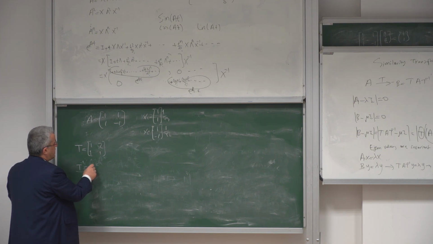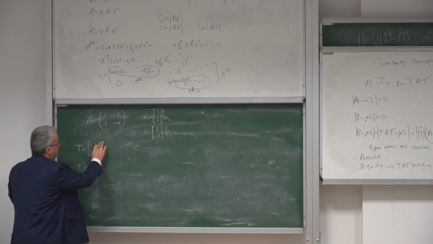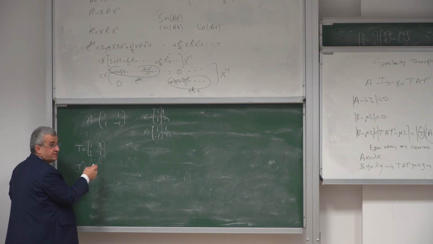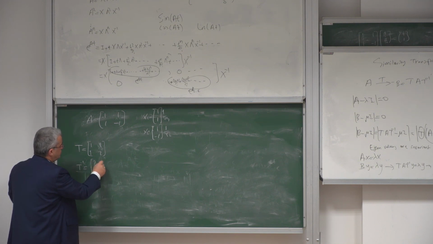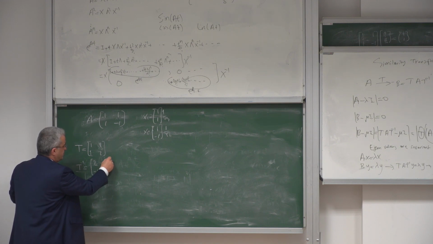I will make this 2 and this 1 so that I don't deal with minus. So determinant is 1, so therefore 1 over determinant remains the same. So it is 1, so this is 2, and this is 1. They exchange and their sign changes, okay?